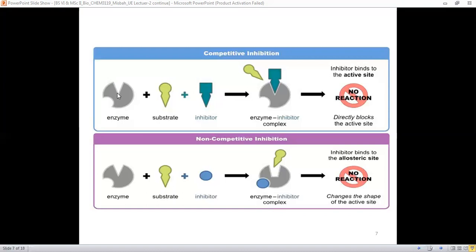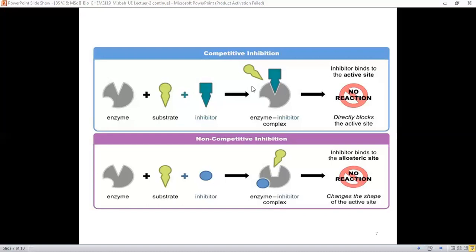For the active site of the enzyme, the substrate has complementary geometry, stereochemistry, or shape. Similarly, the inhibitor which is present has the same geometry, stereochemistry, or shape, just like the substrate. Therefore, the substrate definitely cannot bind with the active site of the enzyme.